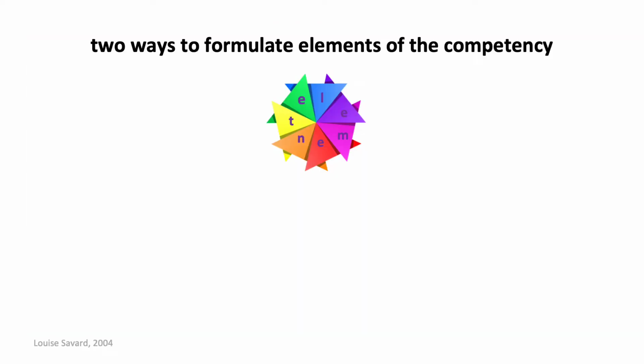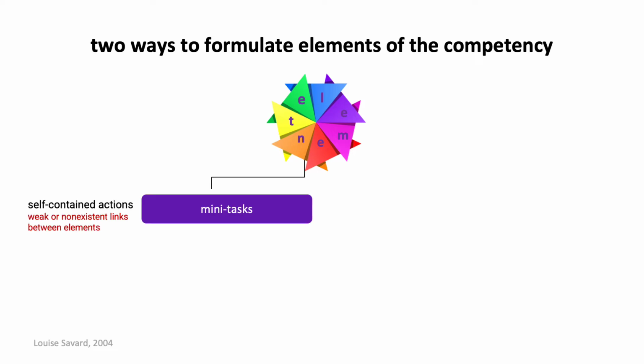There are two ways in which the Ministry of Education formulates the elements of the competencies. A program may have a few of these competencies whose elements reflect loosely related objectives to be met. Let's call them mini-tasks. They are self-contained actions with perhaps weak or non-existent links between each element.